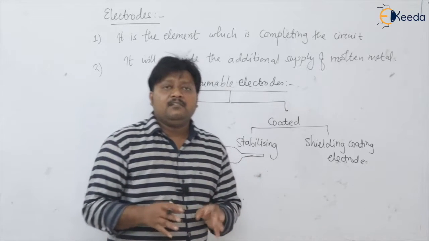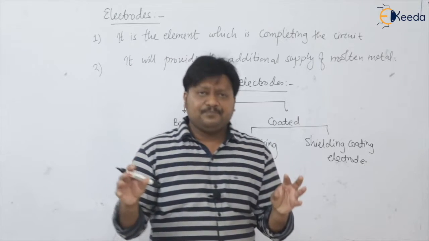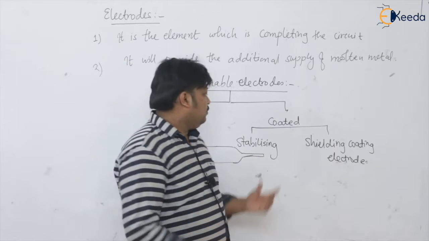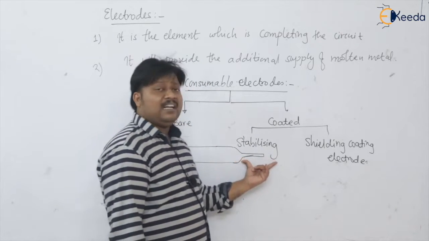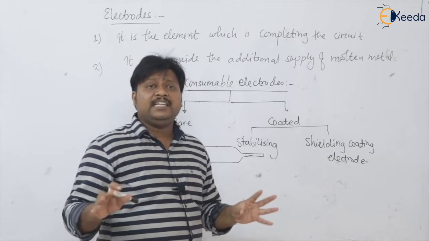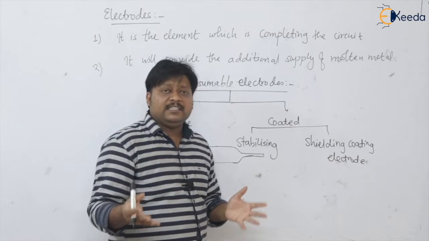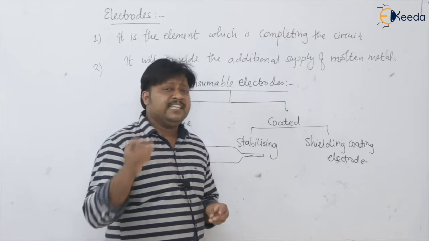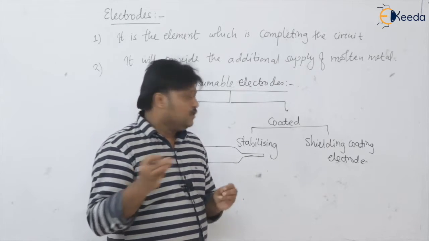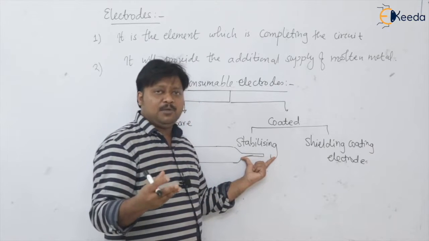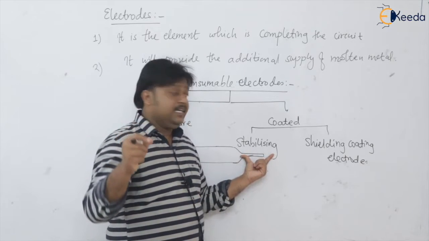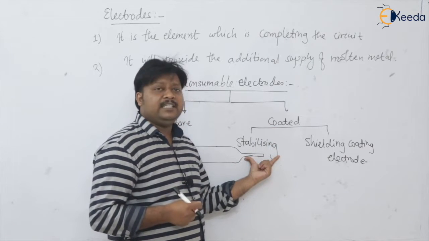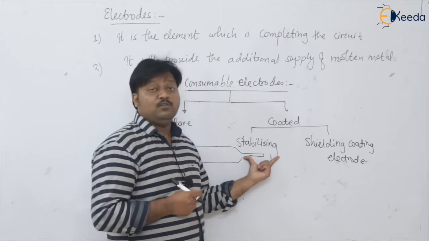So see here, whenever the coating is very thin, they can only stabilize the arc, they cannot supply any shielding of gases over the weld pool or weld bed. They are not going to have any kind of slag generation. So they are provided only for stabilizing purpose. So this is a stabilizing coating, a very thin layer of coating on the electrode.